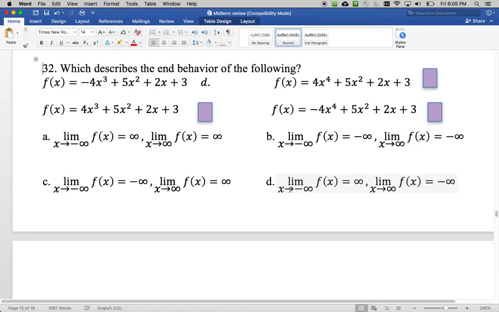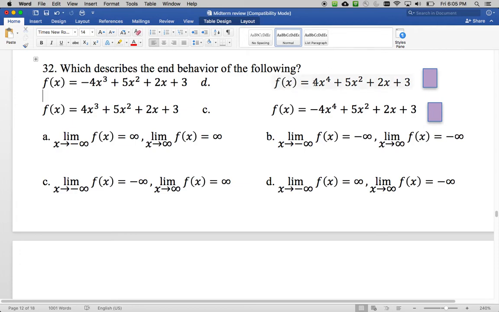So as x approaches negative infinity, so the left side of the graph, it's going to go up, and when x approaches positive infinity, that means the right side of the graph, it's going to go down. Okay, and then because we have a positive leading coefficient here, the right side's going up and the left side's going down because of our odd degree. So that means option C is our end behavior.